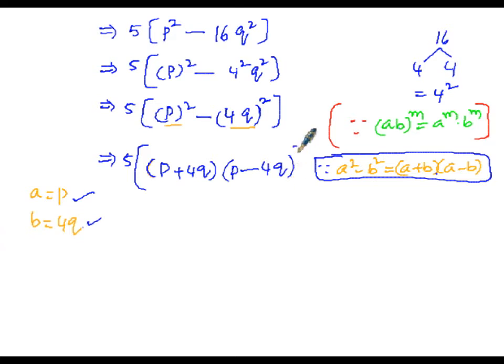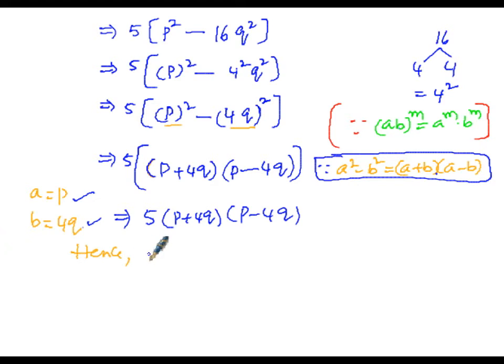So in this manner, we got the result as 5 into p plus 4q into p minus 4q. Hence the given expression 5p square minus 80q square can be written as 5 into p plus 4q into p minus 4q.